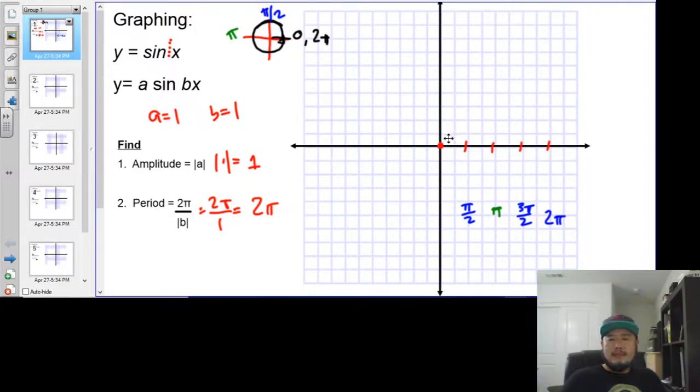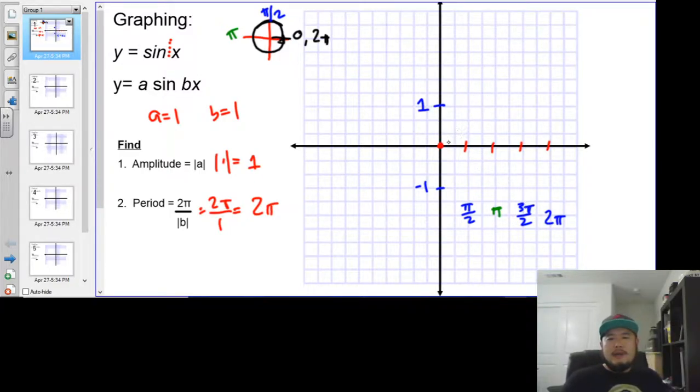Well, that's based off the amplitude. Since our amplitude is 1, for the sake of space on this graph, I'll use intervals of 3 and go up 3, and that'll represent 1. I'll go down 3, and that represents -1. So that will be our amplitude.